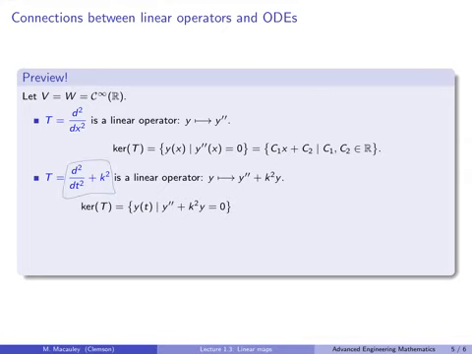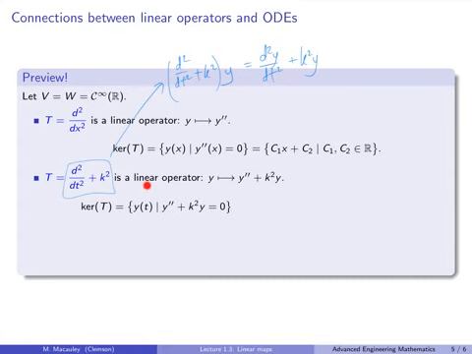Well, if you take d squared over dt squared plus k squared and you apply it to a function y, then you can just think of this as multiplying by k squared, and you just append it and you get the second derivative of y plus k squared times y. So d squared y over dt squared plus k squared y. So this is indeed a legit differential operator.